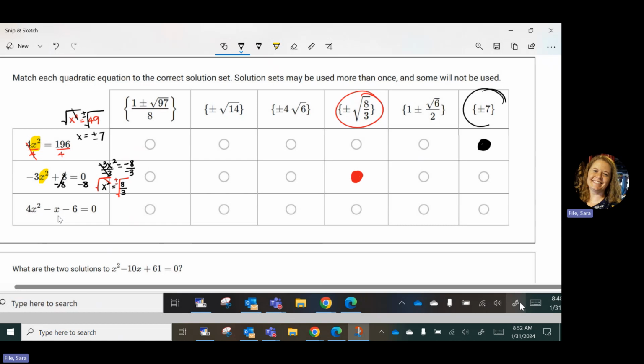I could try graphing. Now, I could have done graphing with all of these, but I can see all of my answer choices are real. None of those have an i, right? The issue with graphing is all of these would be decimals, except for the 7, obviously, plus or minus 7. All these others would be decimals.